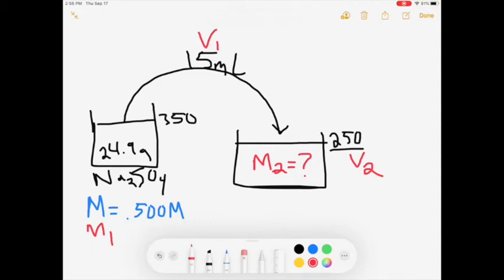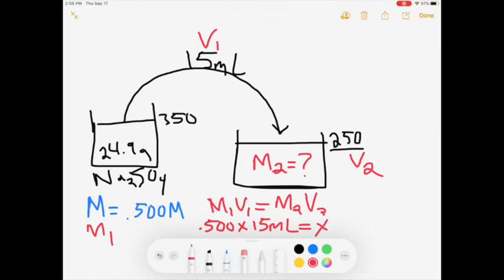To be able to calculate M2, we're going to use M1 V1 equals M2 V2. We know M1 is 0.5. We know V1 is 15 mils. We're solving for M2, and we see V2 is 250 mils. Even though molarity has to be in liters, because both of the volumes are in mils, you don't have to change it to liters.